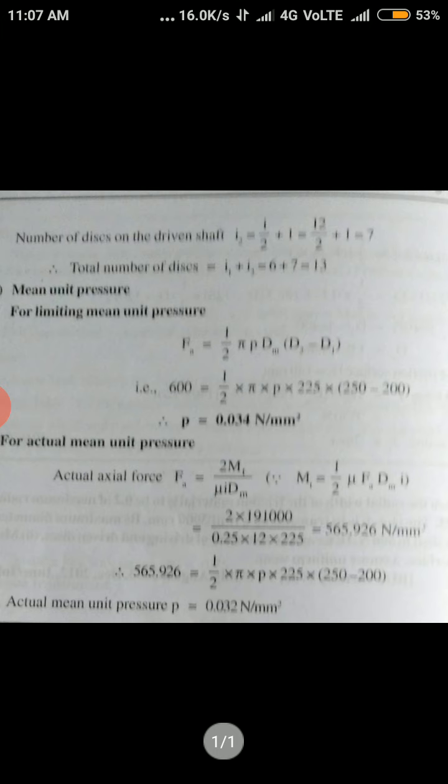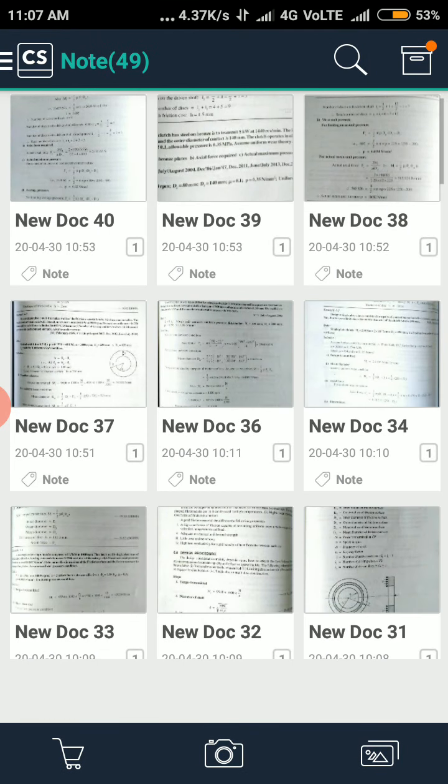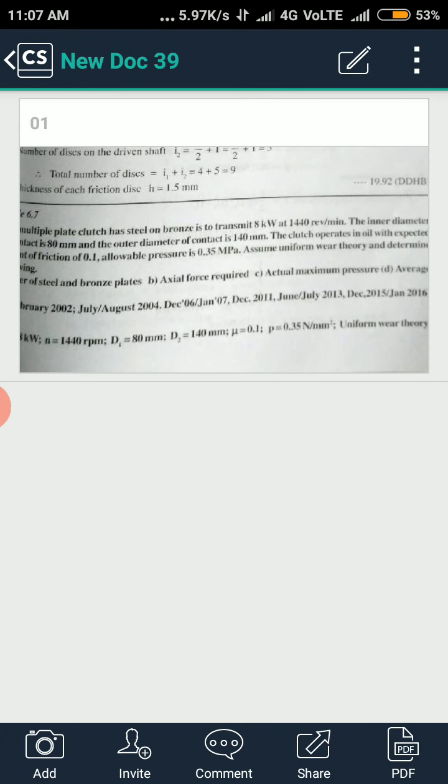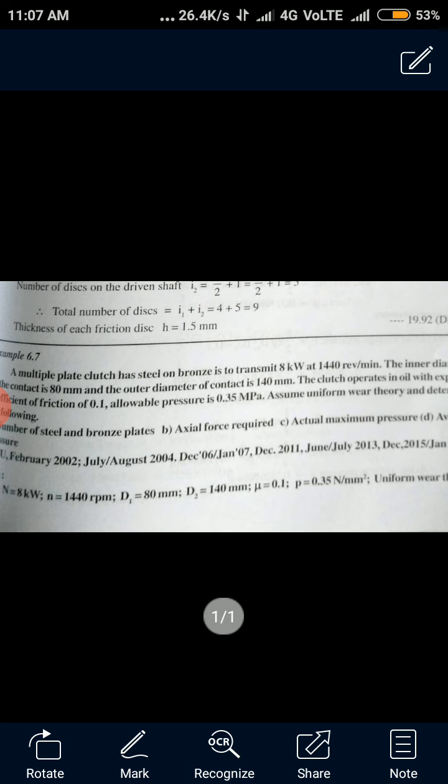Okay, now we'll go for the third problem. Again, this is a very important problem that appeared in the exam. Just go through it. A multiple plate clutch has steel on bronze and is to transmit 8 kilowatt at 1440 revolutions per minute.